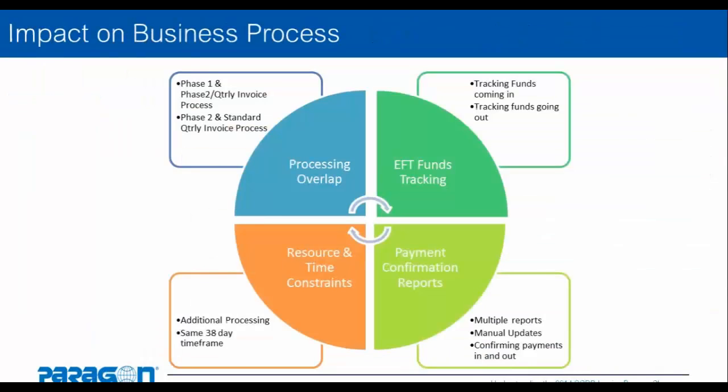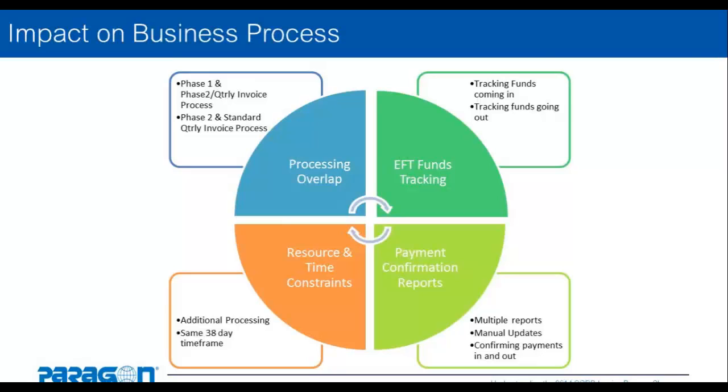So this slide will show you the major areas that will impact your business process. Essentially, the first block listed, processing overlap, really carries over to each area and is the cause of the business process impact in the majority of the areas. We're just going to go over a few high-level points within each of these areas of what you'll consider for business process impact.